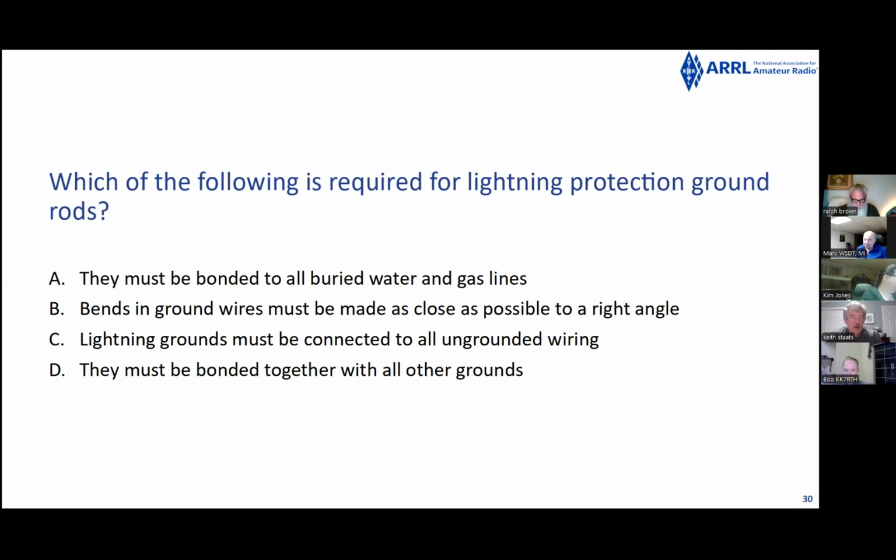D. Yeah, and it's interesting because I don't think the guy who put up my TV tower a few years ago actually did that. D, they've got to be bonded together with all other grounds.